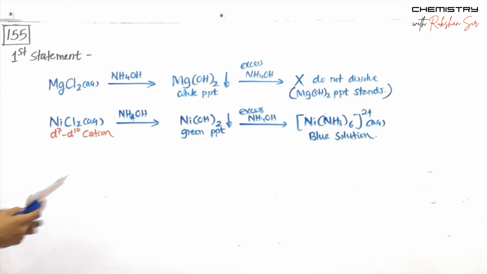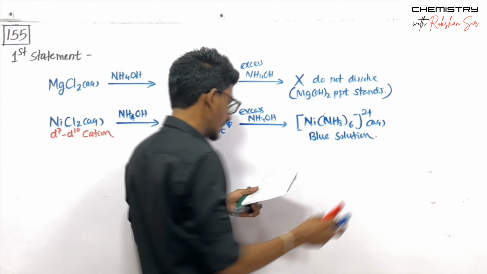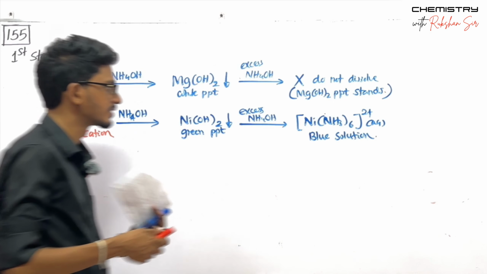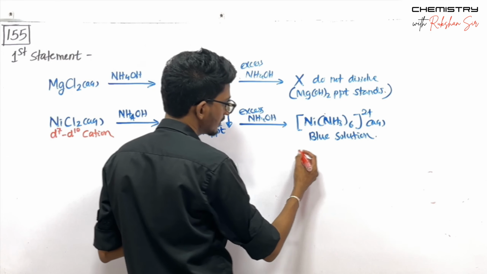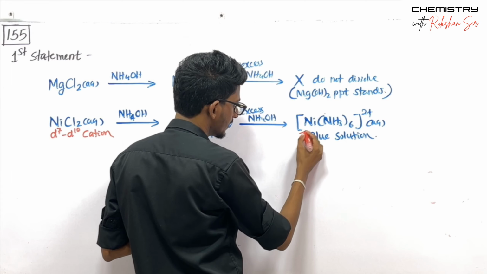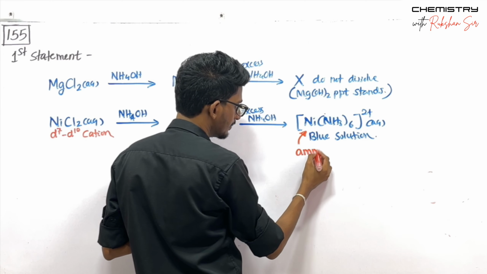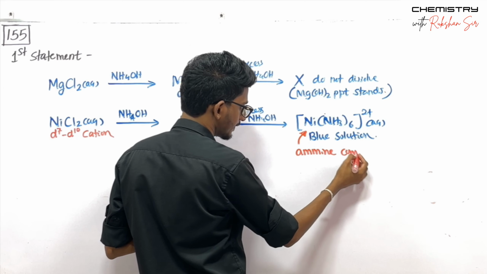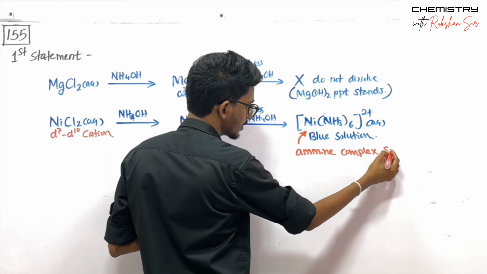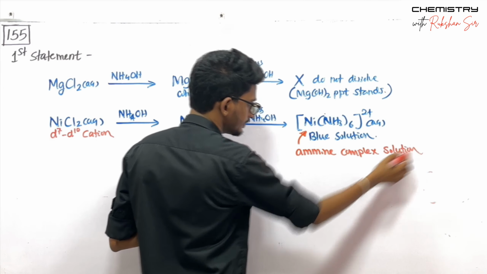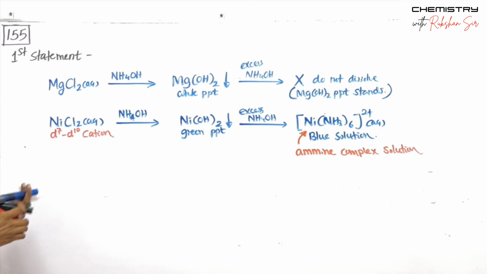Let's go to the statement again. Magnesium chloride forms a white precipitate with excess ammonium hydroxide, while nickel chloride never forms a stable precipitate with excess ammonia. Yes, with the excess ammonia, it's not a stable precipitate. It's the amine complex. With the excess ammonia, you form the amine complex solution. No precipitate is formed with the excess ammonia.